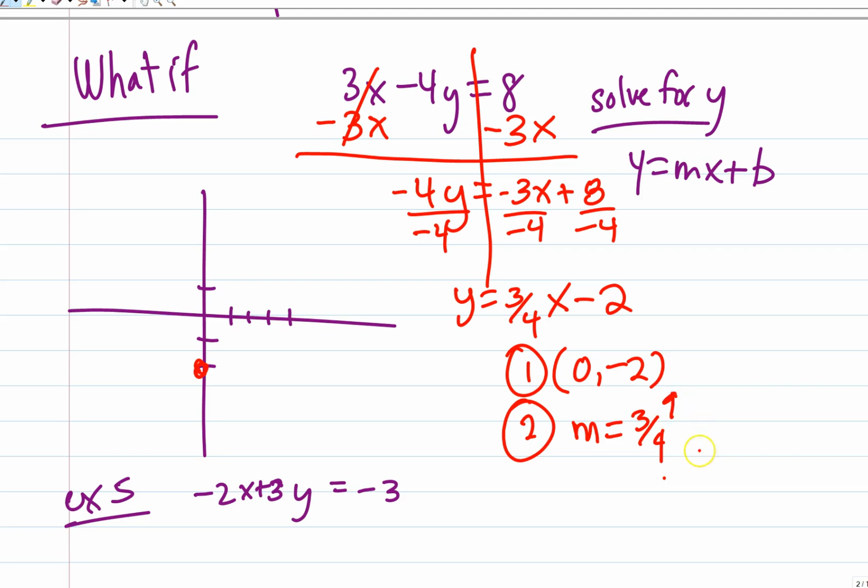The 4 is positive, means 4 to the right. So from the y-intercept, not from the origin, that's another thing some people do, don't do that. From the y-intercept, we go up 3, we go over, we plot a point. And how many points do I need? I got 2. Draw your line. Can we keep going?